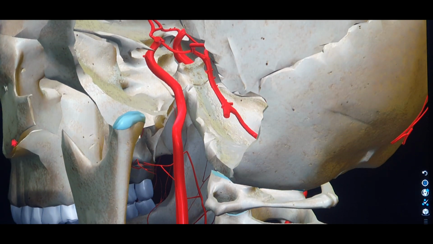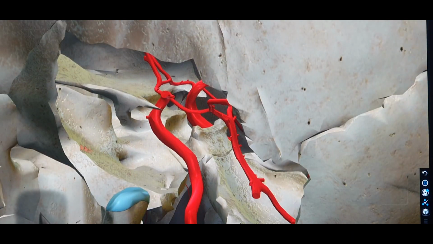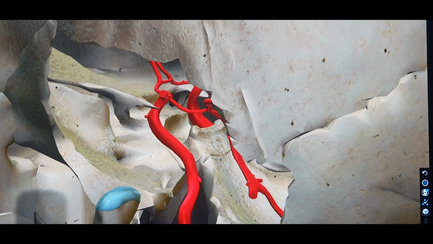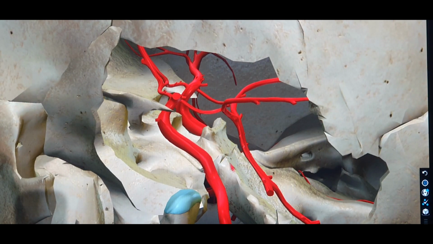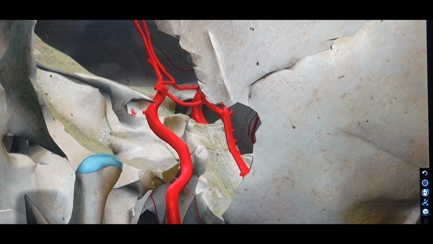So what I'm going to show you today is the cavernous part of the carotid artery and its branches. This is a posterior lateral view. This is the actual area. Now you can see over here, that's the clivus bone. That's the sella turcica for the pituitary gland over here, and that's the superior orbital fissure and the optic canal here.